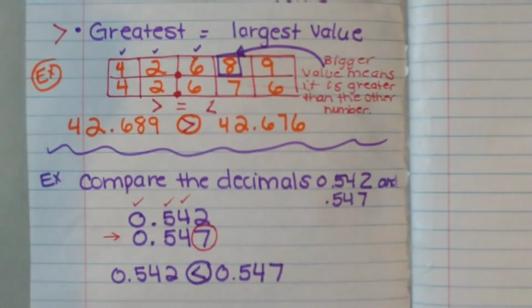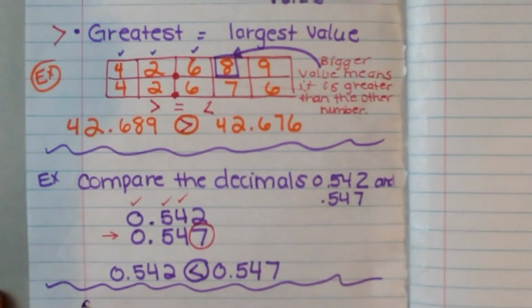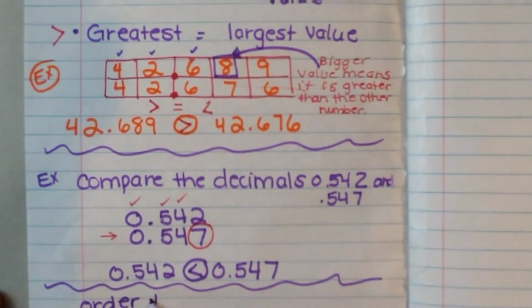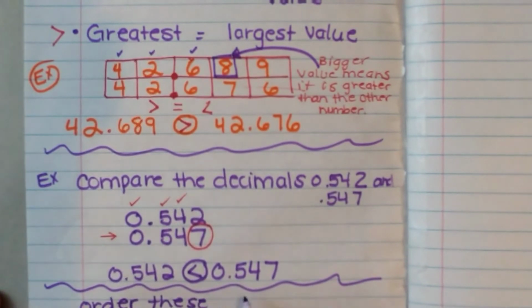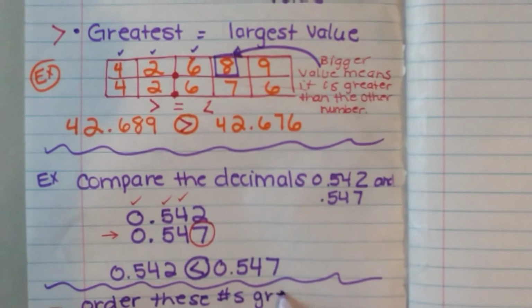Same thing. Now the last example that you would see is order these numbers greatest to least.